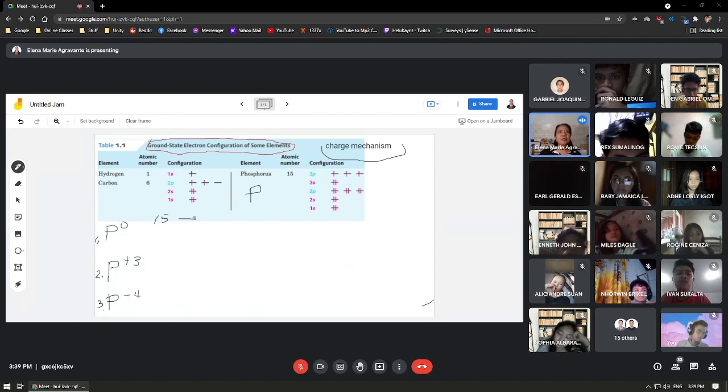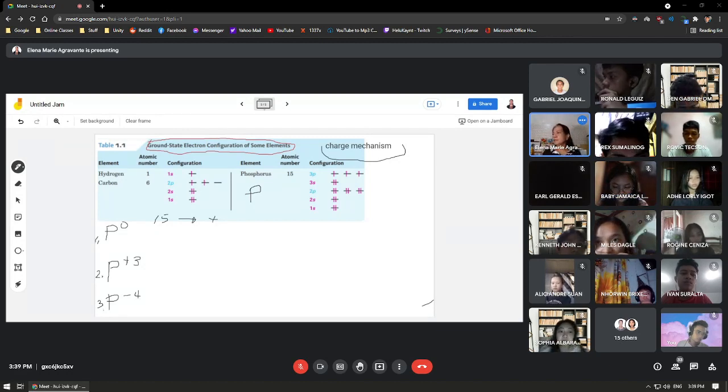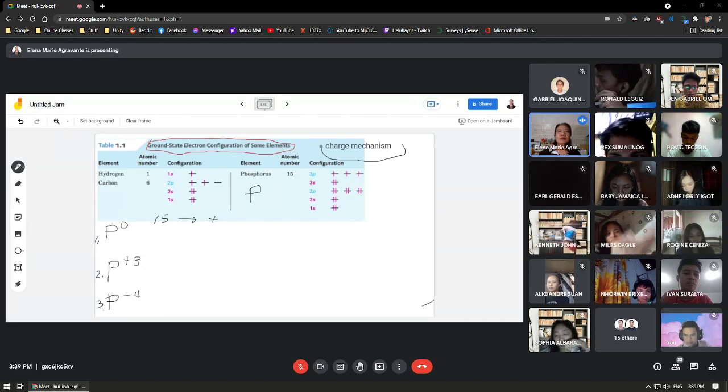And these are carried by how many positive charges? 1 proton carries 1 positive charge.